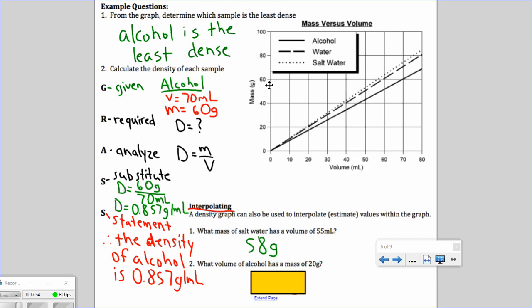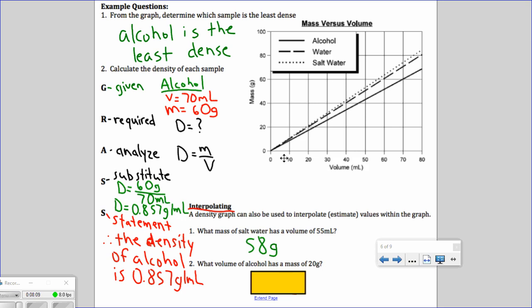If you said 57, that would probably be okay. If you said 59 grams, that would probably be okay as well. It's an estimate, so we'll say 58 grams. In the second question, we're asked what volume of alcohol has a mass of 20 grams.